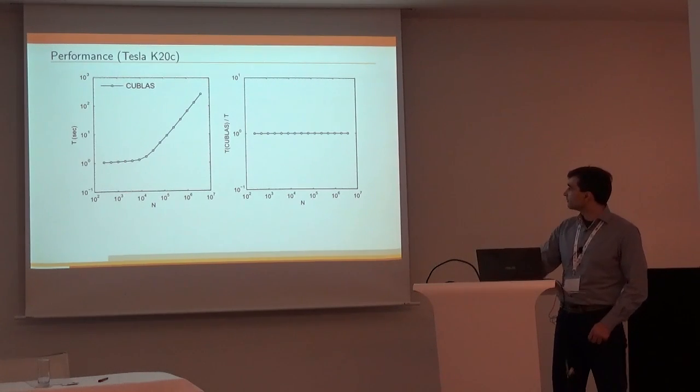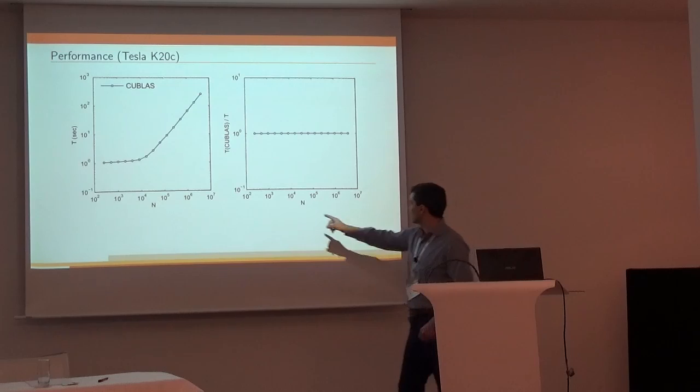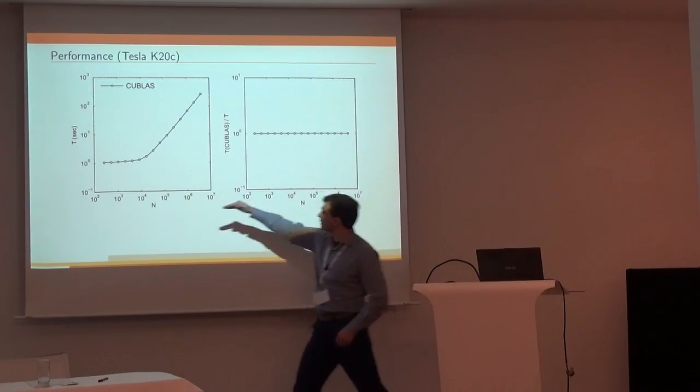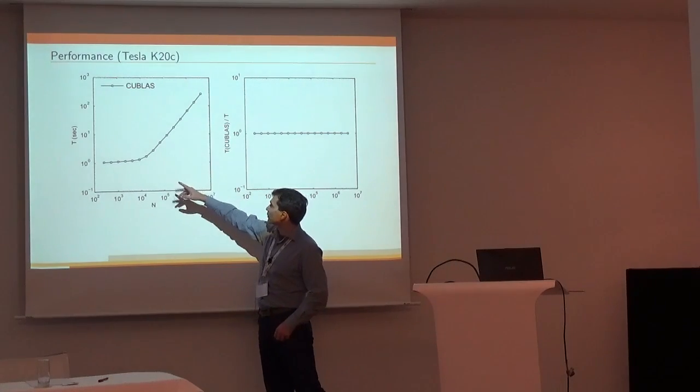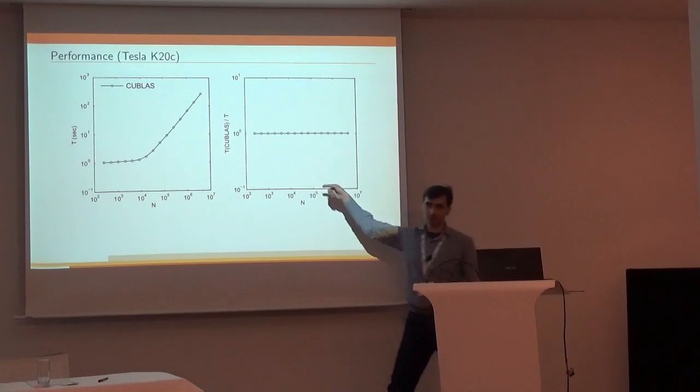So this is a little bit more advanced plot of these same results, but with the number of equations that you are solving. And this is the absolute time that you solve these number of equations in, and this is relative acceleration with respect to cuBLAS.